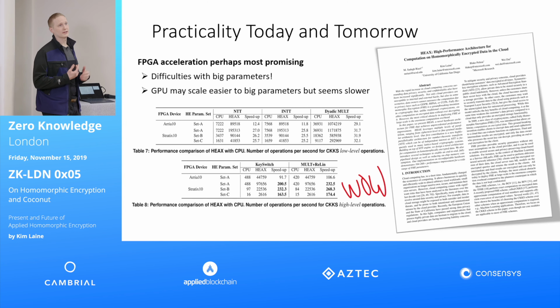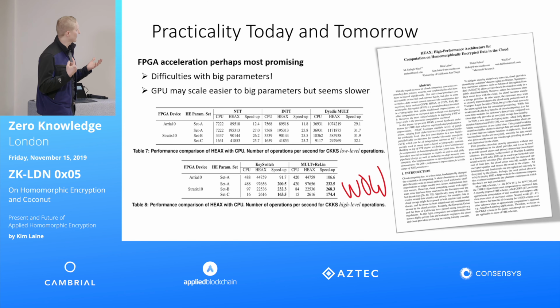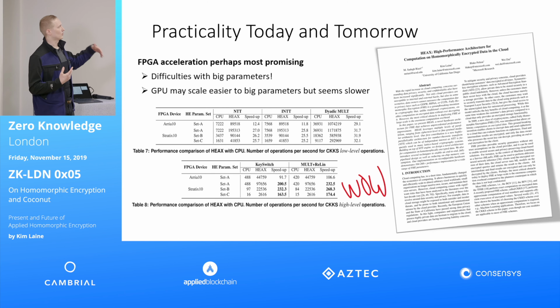This really takes the practicality to a different level. There is some fine print again, which is that we couldn't fit the biggest parameters onto the FPGA. So unfortunately, this doesn't go all the way to the slowest possible parameters. It would be fantastic if it would.